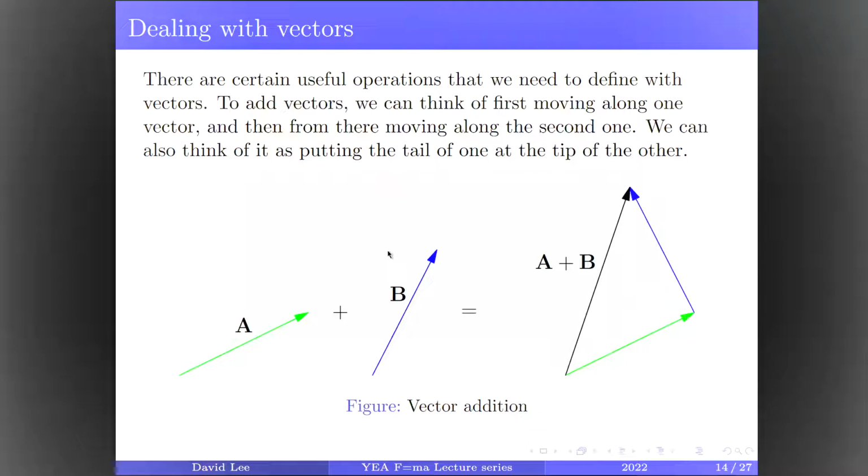All right. Let's see what operations we can do with vectors. Well, we can add vectors by putting the tail of one at the tip of the other. So you can see in this picture, the black vector is the sum of the green and the blue vectors.